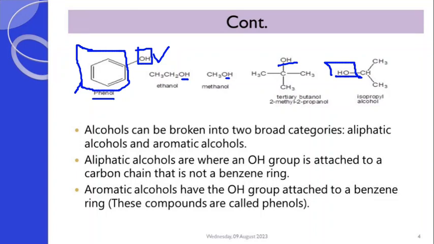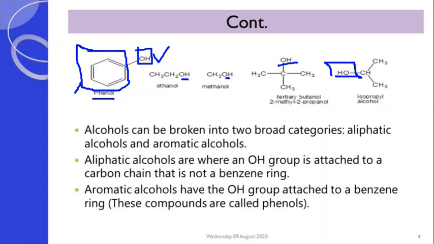The other do not have or contain a benzene ring. The alcohols with the OH attached to benzene rings are referred to as phenols, as we have already talked about. The ones without the benzene ring are categorized as aliphatic alcohols.